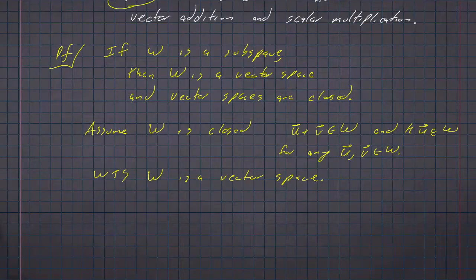Showing something is a vector space, we have those properties. I numbered them using 6 properties. The textbook numbered them using 10 properties. W is closed. That's our assumption.